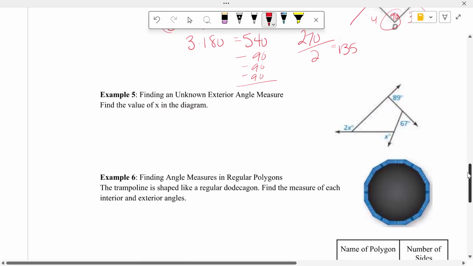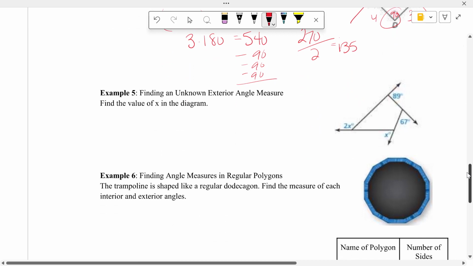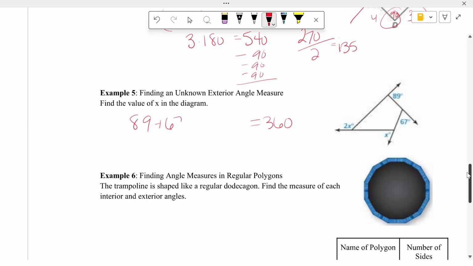Next one. We know the exterior angles always equal 360, so there's nothing to calculate other than solving for x. So we've got 89 and 67 and x and 2x all need to equal 360. I'm going to combine my like terms. 89 plus 67 equals 156.